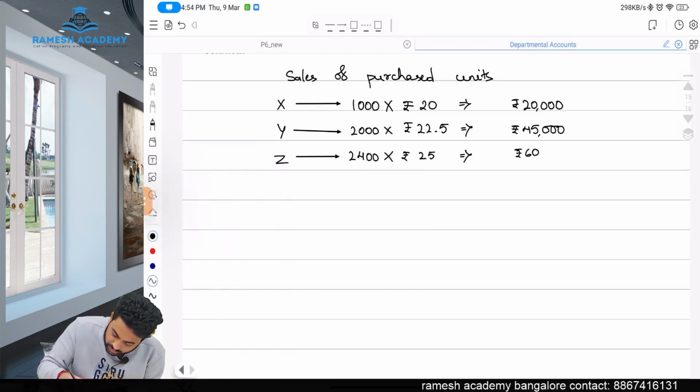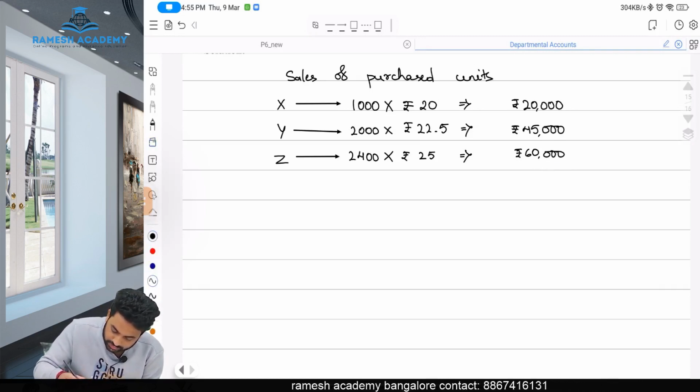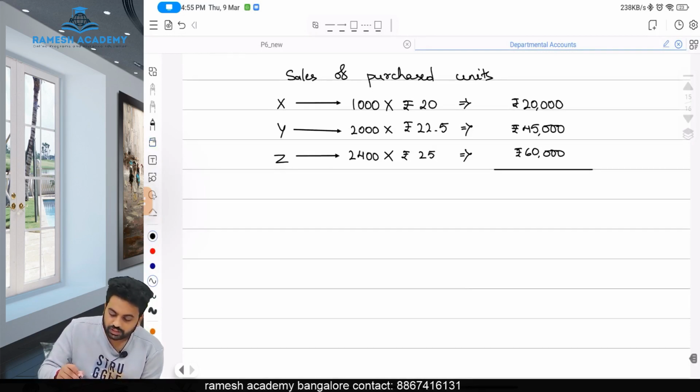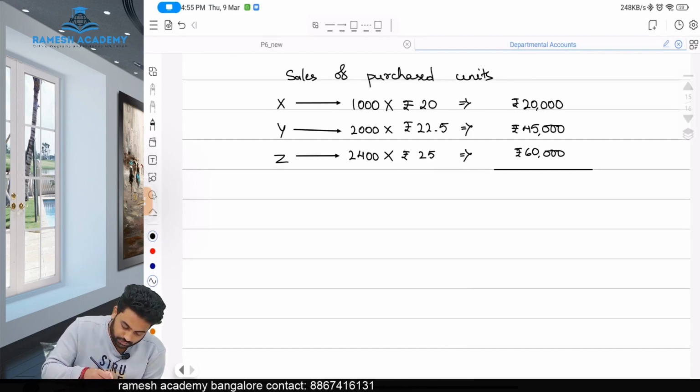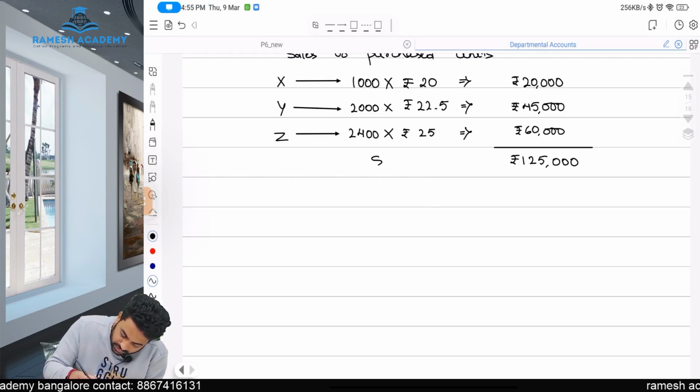Okay. Total sales is how much now? Total sale of purchased units is 20,000 plus 45,000 plus 60,000, which will come to rupees 125,000. This is sales value.